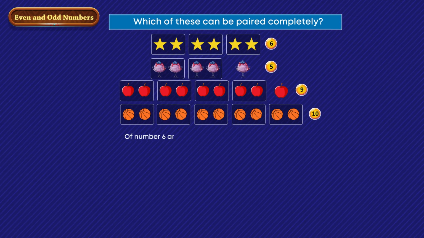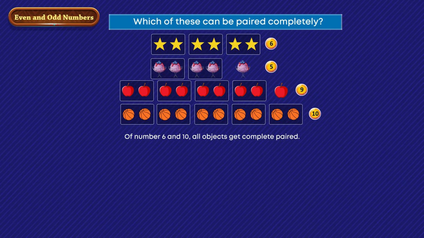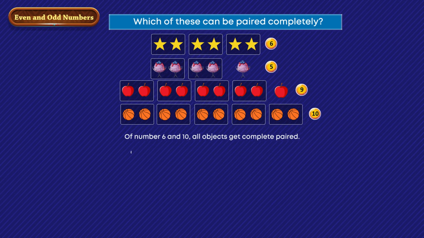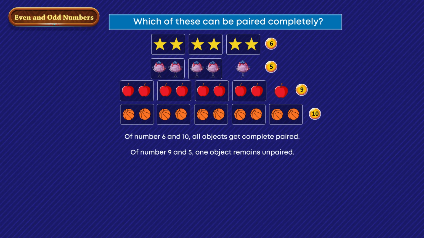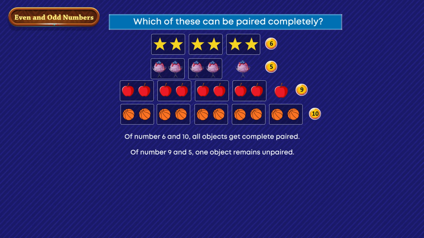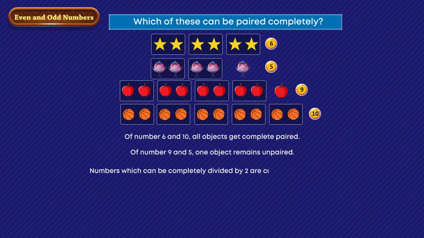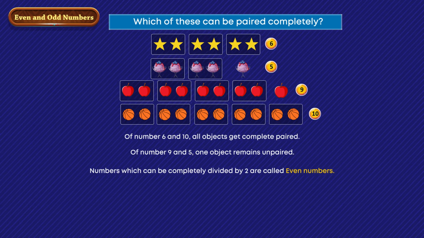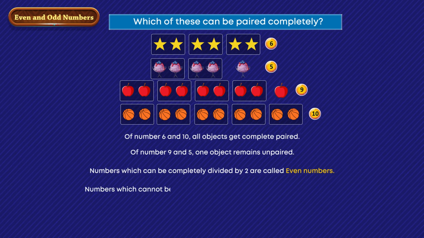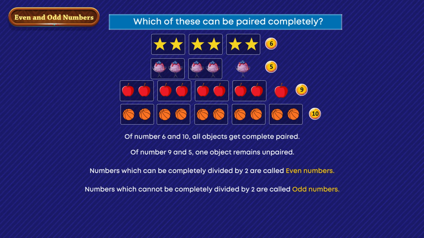Of number 6 and 10, all objects get completely paired. Of number 9 and 5, one object remains unpaired. Numbers which can be completely divided by 2 are called even numbers. Numbers which cannot be completely divided by 2 are called odd numbers.